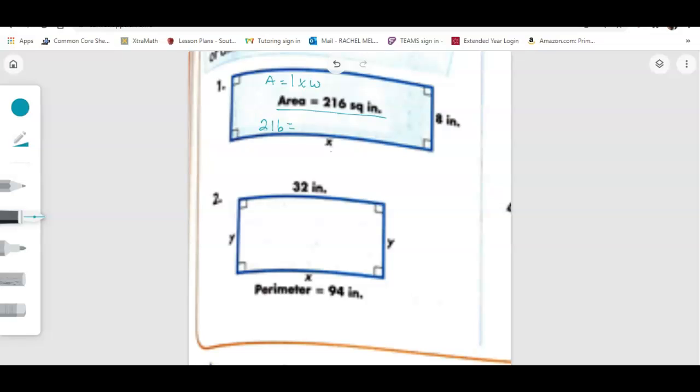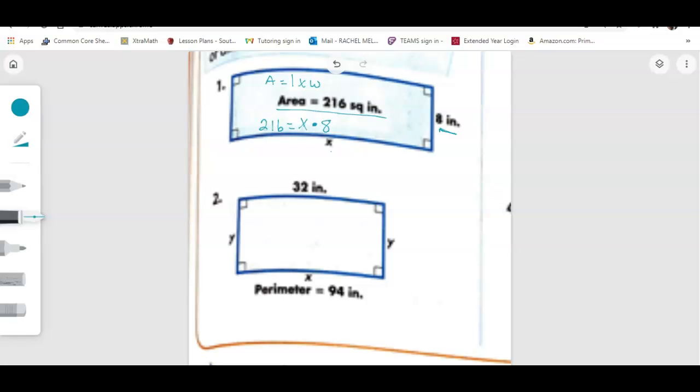I do not know the length. I'm going to use this dot to represent multiplication since I have an x for a variable. And I do know the width is 8 inches. So I need to find out what number times 8 gets me 216.